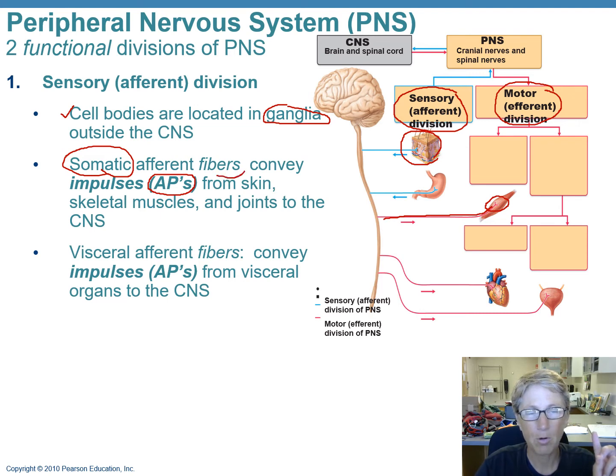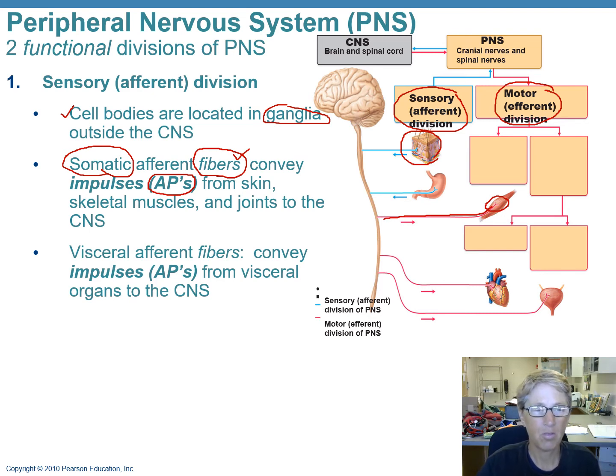in this chapter, axons of neurons, so remember, axons are those long things attached to the neuron's cell body, are also called fibers. So you've got to memorize two for one. Axons of neurons are also called fibers. So these afferent fibers are axons, and they're sending information about what you're sensing in your skin, skeletal muscle, and joints.